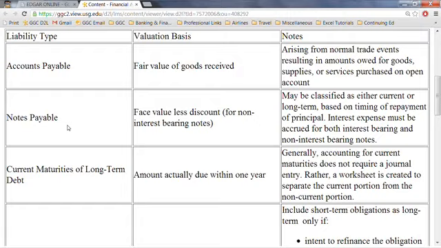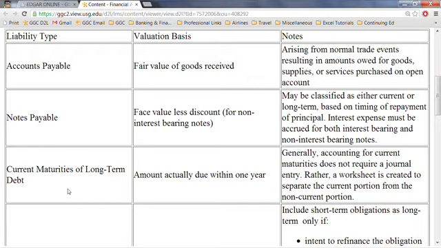If we have a particularly large transaction, or in the event that we are simply borrowing cash from a financial institution, for example, they may ask us to sign a formal note payable, which is just a contract in which we agree to repay principal as well as probably some interest. We will go later on into some detail about the measurement and recognition and disclosure issues related to notes payable. But again, notes payable is a very commonly seen sort of current liability.